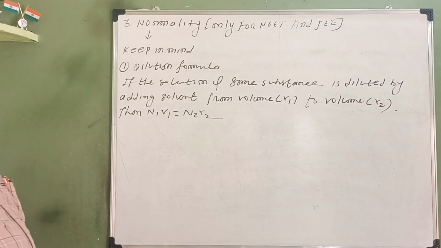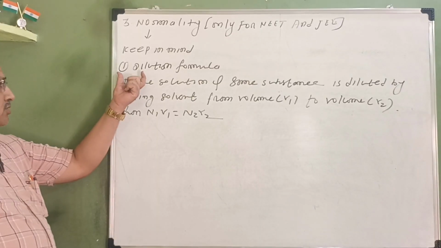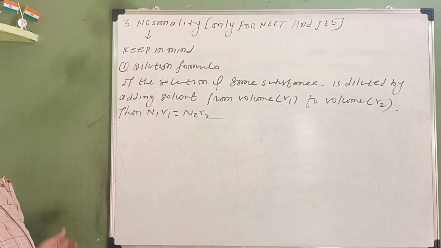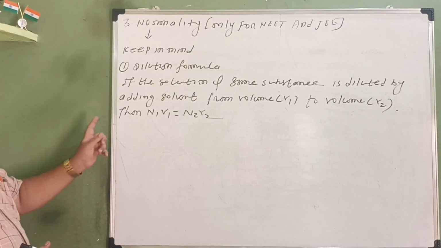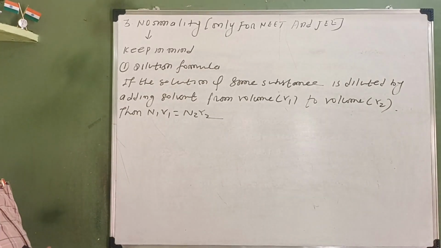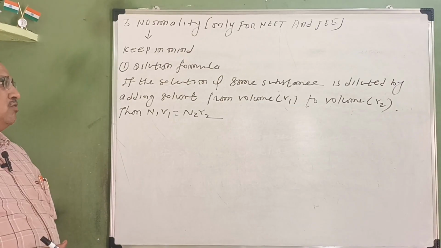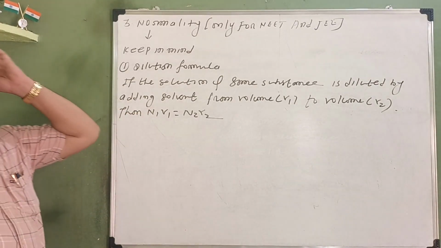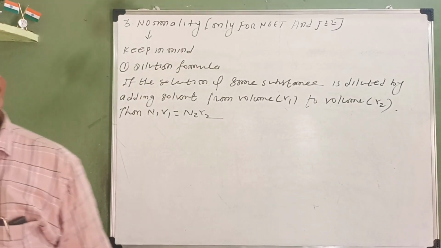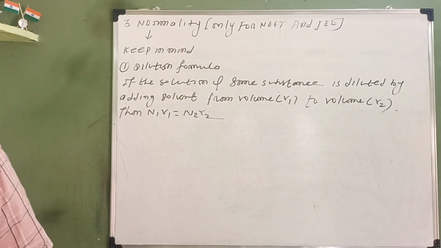That means here, the dilution formula is N1 V1 equal to N2 V2.